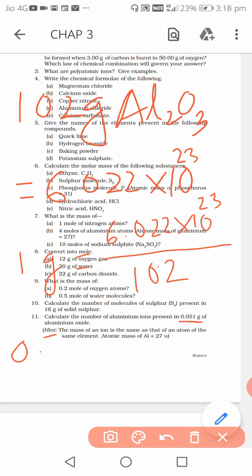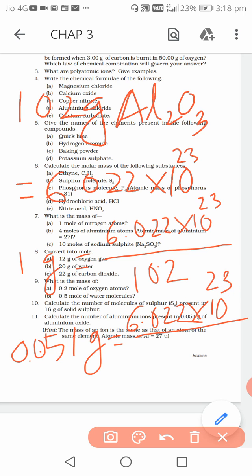Then 0.051 gram equal to how much? 6.022 into 10 to the power 23 by 102 into this value, 0.051. I am writing it freshly, into this value 0.051.